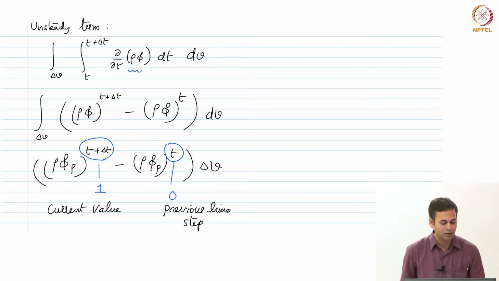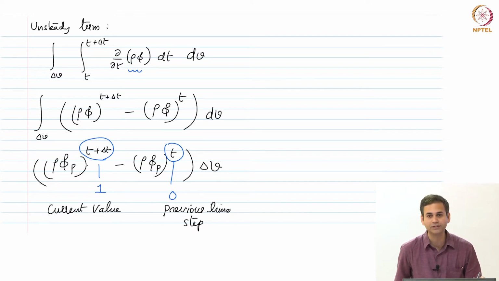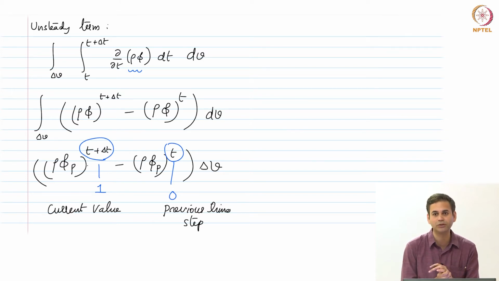Yeah, for rho as well. Essentially, for rho phi p, I am assuming that the density is not changing, let us say if you have an incompressible flow. I am assuming the density is constant, otherwise it will be rho p phi p, fine.